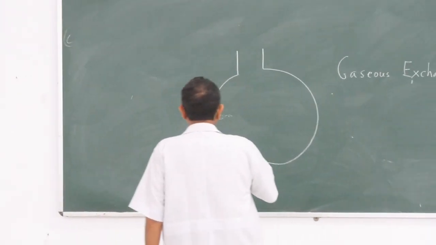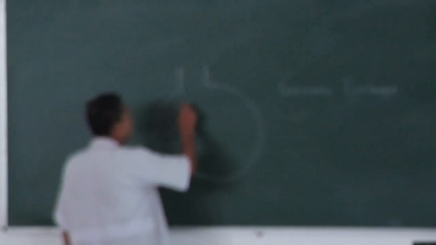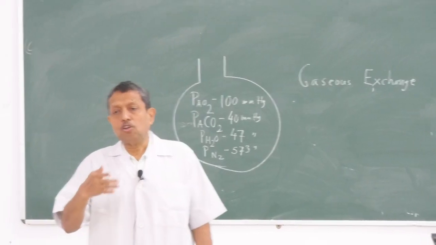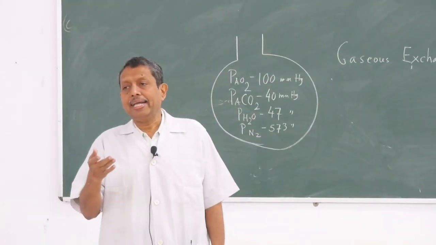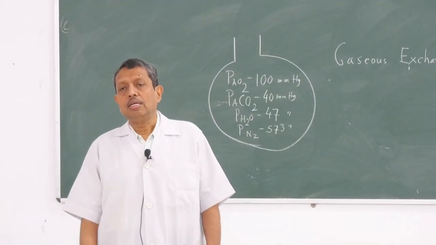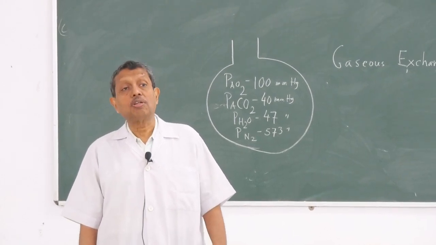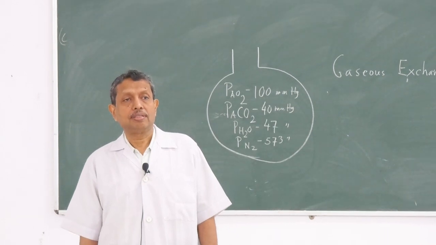After the normal expiration, the air remaining in the lungs is approximately 2 liters or so. It is called functional residual capacity.